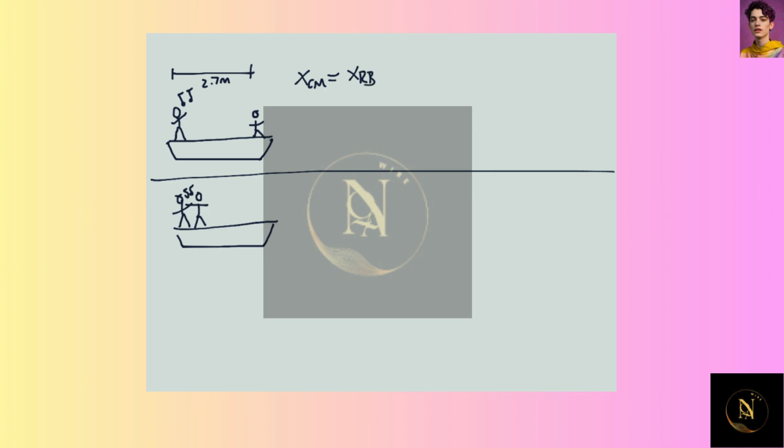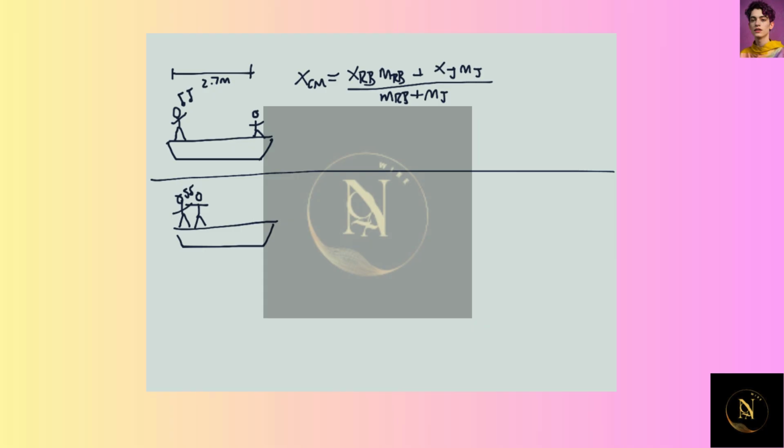We know the mass of Romeo and the boat. We also know the mass of Juliet and the position of Juliet. And therefore we also know the total mass, mRB plus mJ.